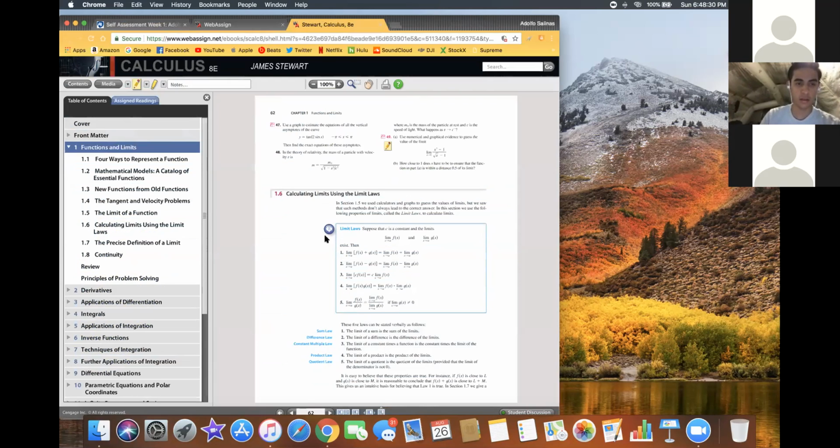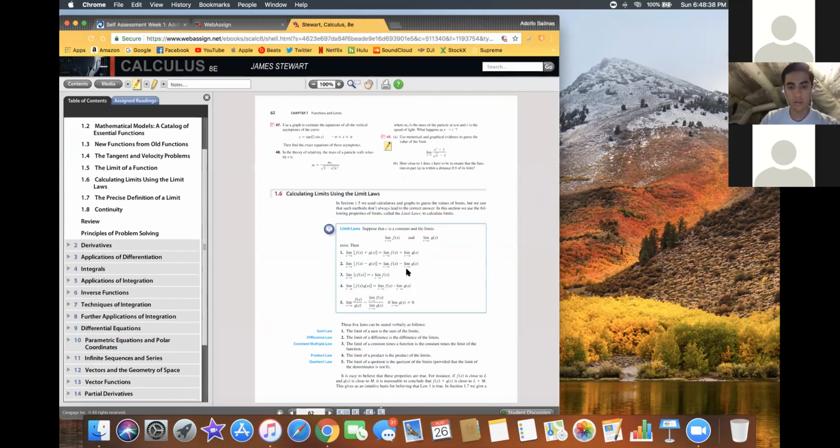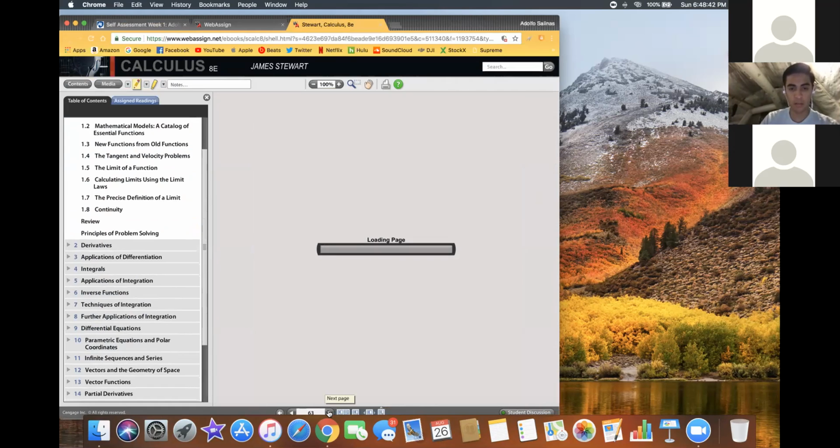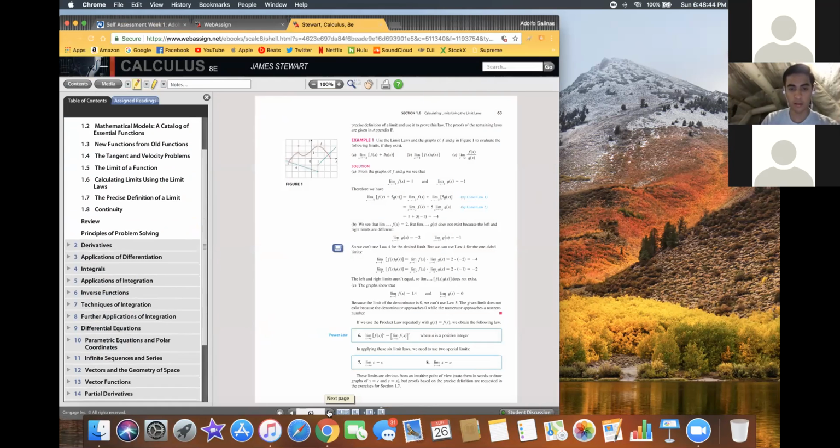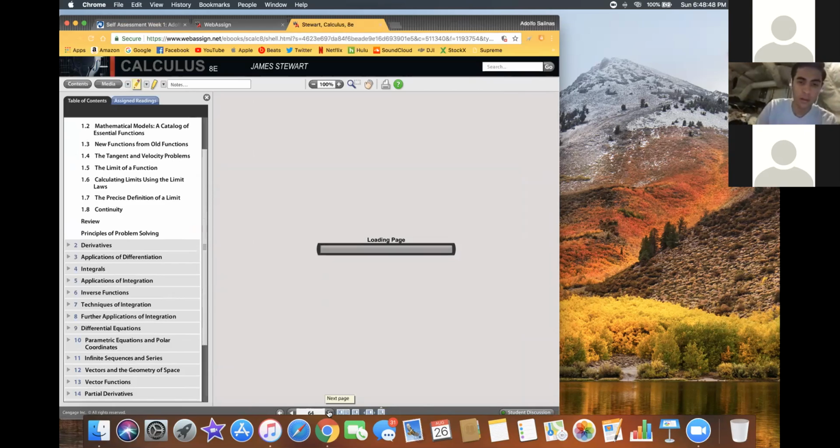Keep scrolling down. So this is the start of 1.4, the concepts of 1.4. Try scrolling down. Do you have a wheel or some type of? Yeah, there you go. So this is still concept.